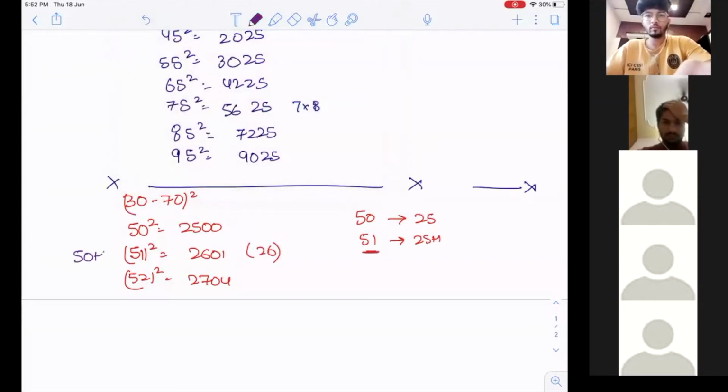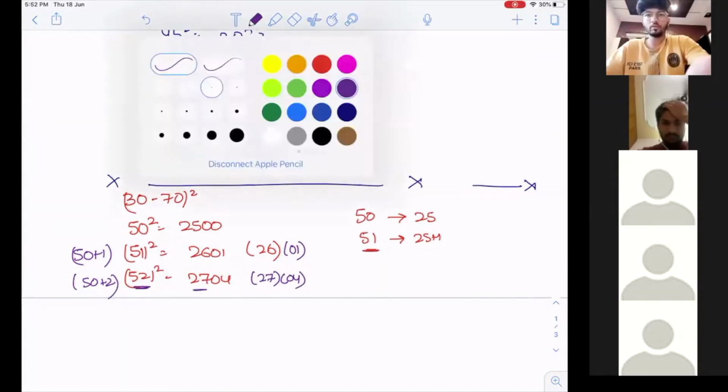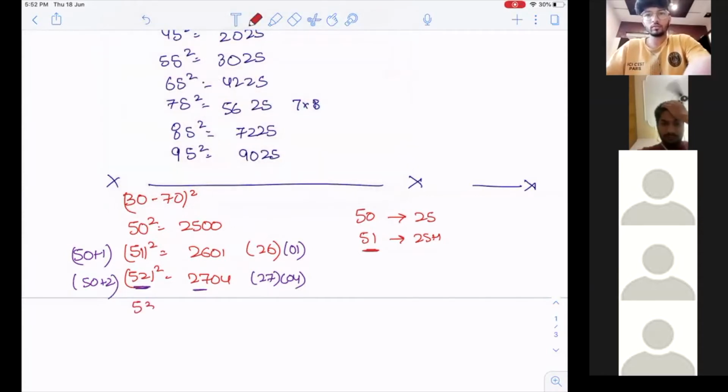What did we add with 50? 1. 1 का square क्या होता है? Is it clear? 52 में what is it? 50 plus 2. 25 plus 2 कितना होता है? 27. 2 का square कितना होएगा? 04. Clear? 53 square.